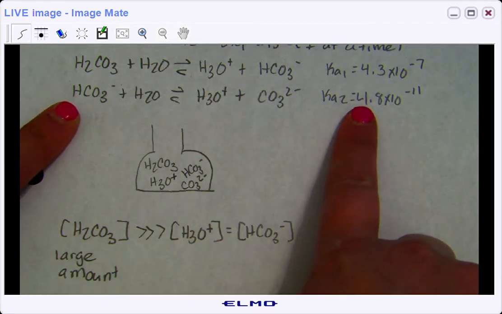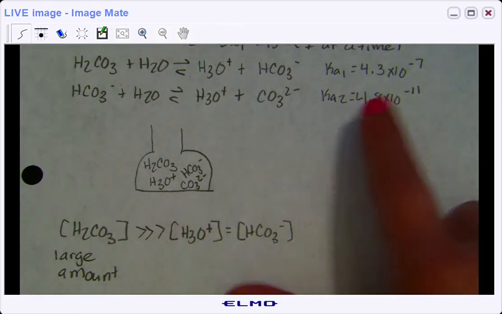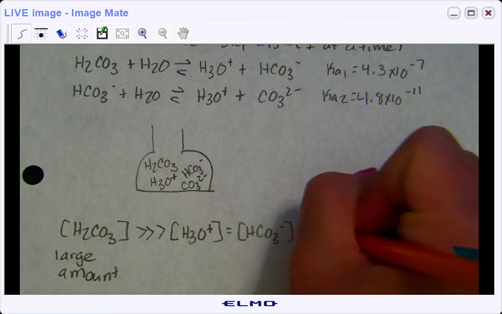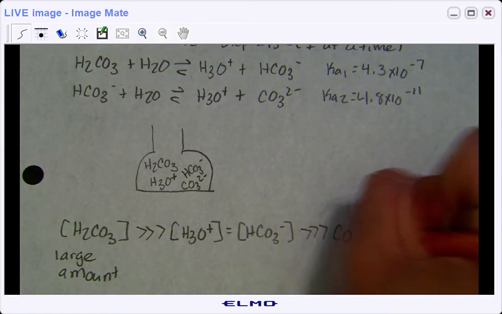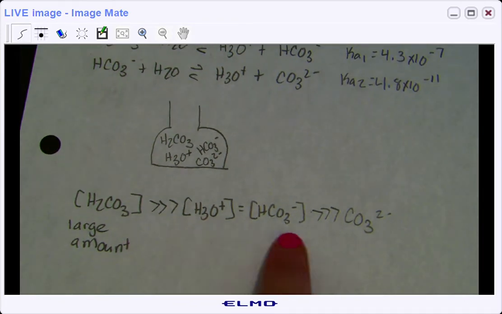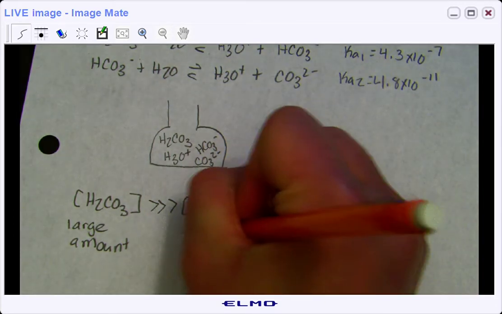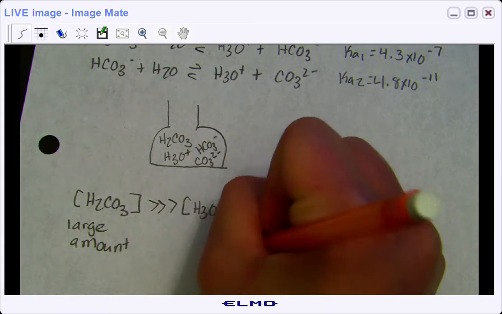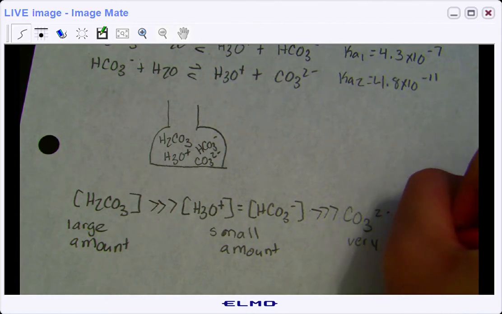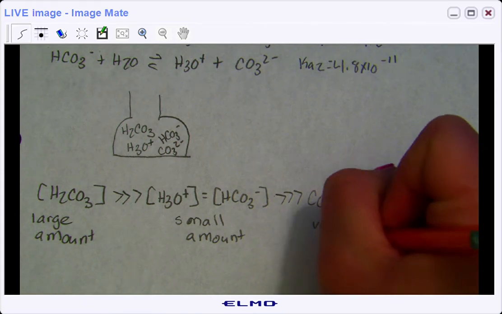It is an even weaker acid, so we will get even less carbonate in the end. So our carbonate is going to be the smallest amount in the solution. So how do I know that these two are equal? We have a small amount, but they are equal. And we have a very small amount of carbonate because of our Ka value of 4.8 times 10 to the minus 11.